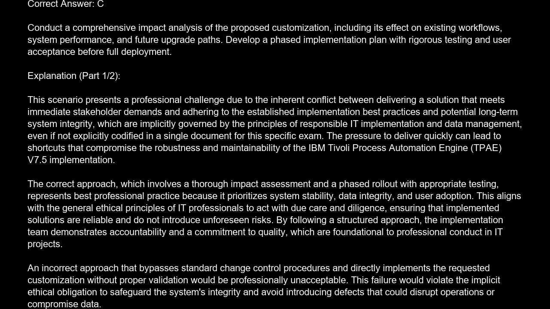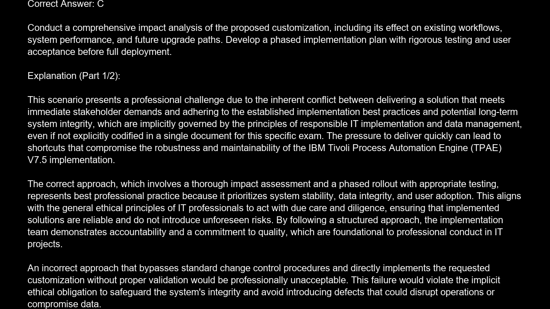Explanation. This scenario presents a professional challenge due to the inherent conflict between delivering a solution that meets immediate stakeholder demands and adhering to established implementation best practices and potential long-term system integrity, which are implicitly governed by the principles of responsible IT implementation and data management, even if not explicitly codified in a single document for this specific exam.